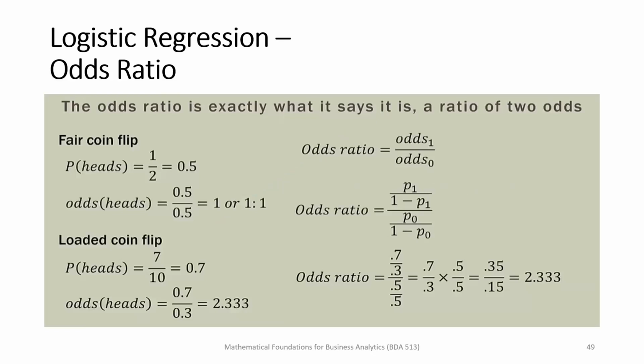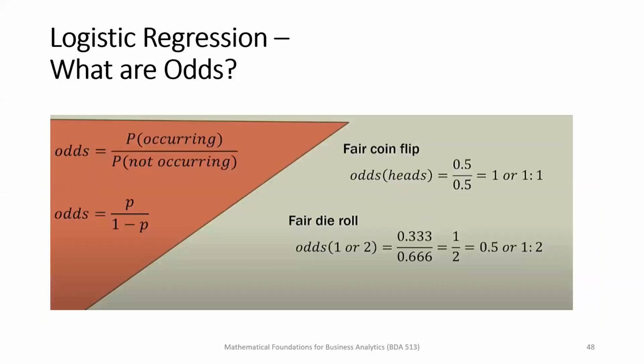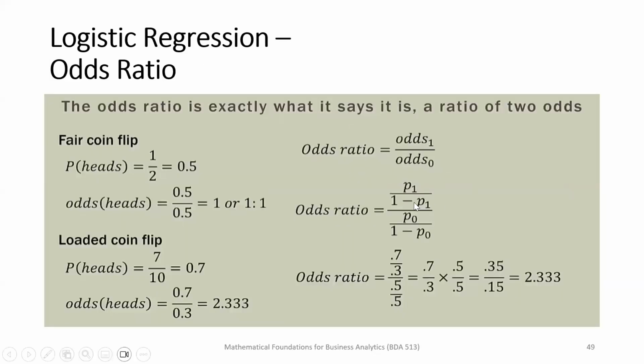And then we have what we call the odds ratio. So let's say we calculated the probability of heads, that gives us 0.5. And then the odds of the heads, remember, is 0.5 over 0.5. We calculated it here. And then we have another case of a loaded coin flip. Here the probability of heads, we are just assuming, is 7/10.